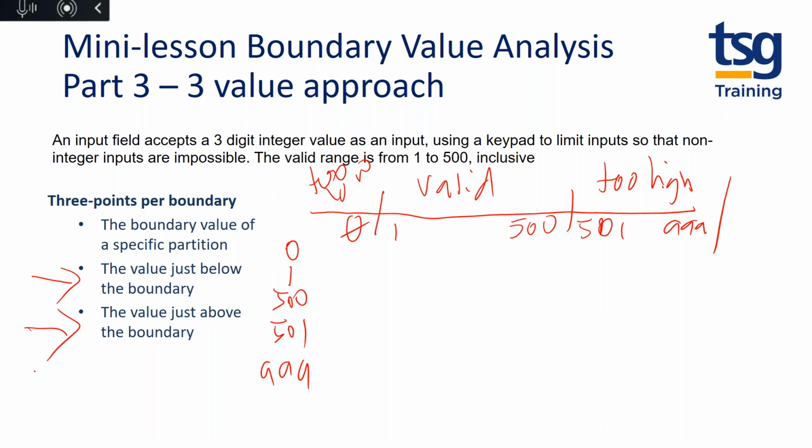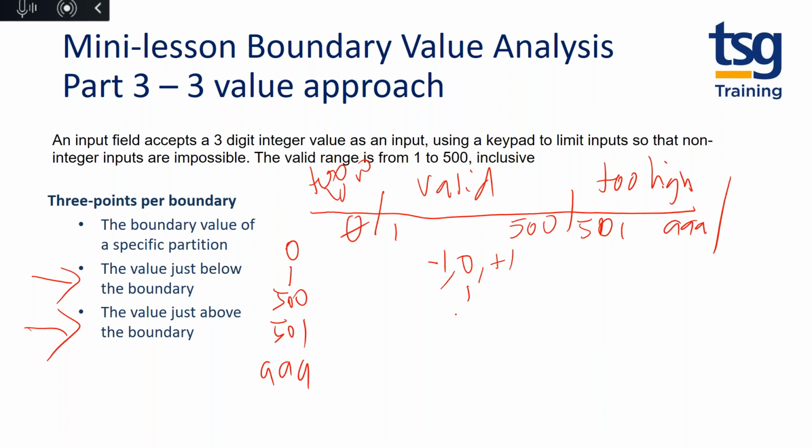So for every boundary, we can identify 3 potential tests. So that means if I'm testing 0, which was the invalid partition, the one that you don't accept, then I will test this with the value below, which is -1 because it's an integer input, and +1.